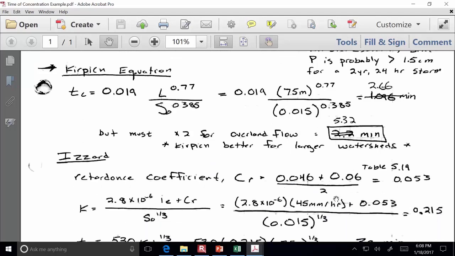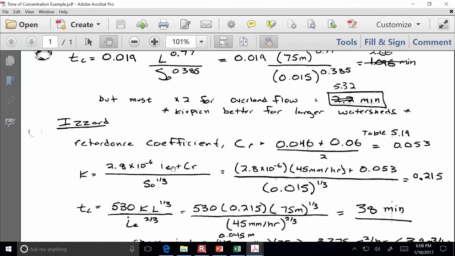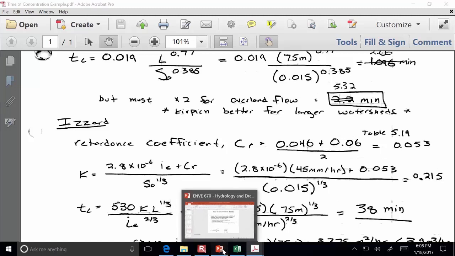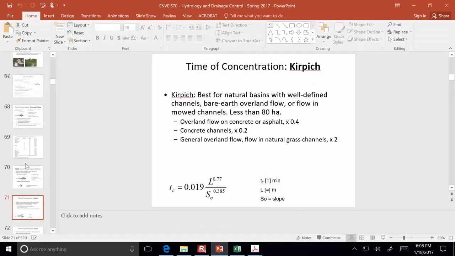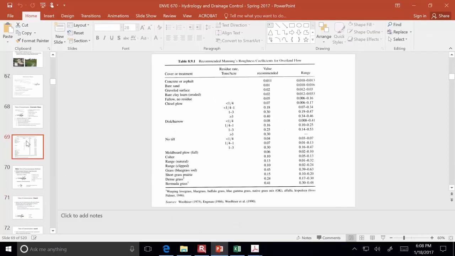Okay. Now, Izzard, we had to first calculate the retardance coefficient and then the K value based on the retardance coefficient. So table 5.19 for the, let's see, where was that?